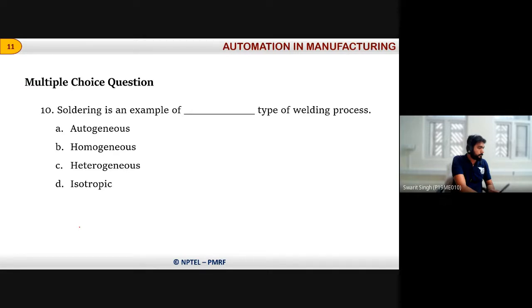C. Okay, so people are saying C. Yes, it is a heterogeneous type of welding.